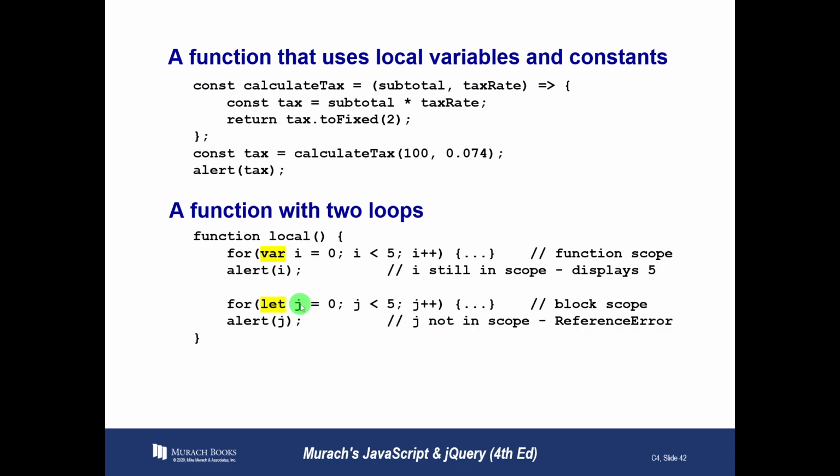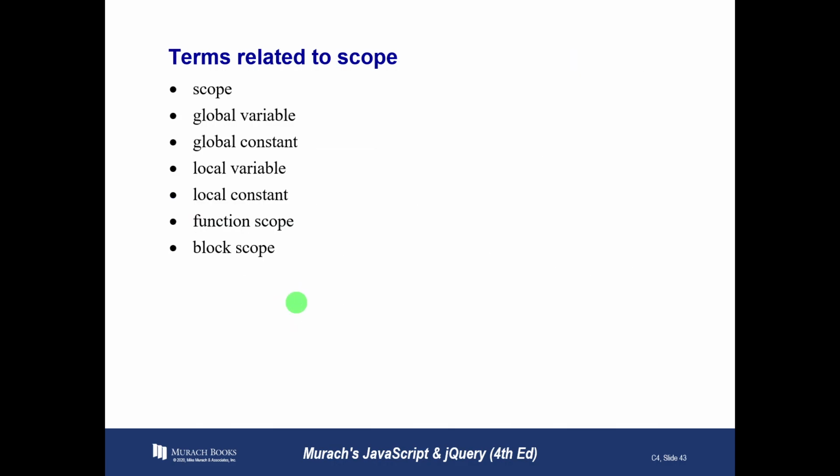Let only exists inside this loop. It has a smaller, limited scope, and that's a good thing. We want a limited scope. We don't want variables and constants taking up a larger code space than they need. So always pick let over var.